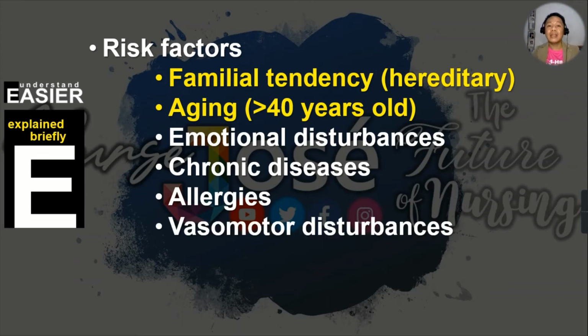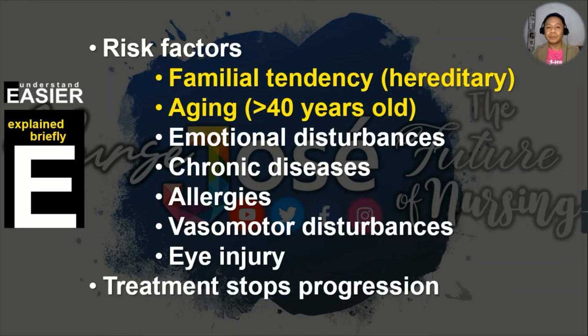And next is vasomotor disturbances. When we talk about vasomotor disturbances, we are talking about either vasodilation or vasoconstriction. So if there are disturbances of your vascular structure, this is also a factor for the development of glaucoma. And if there is eye injury, such as eye trauma, that trauma could also be a factor for the development of glaucoma.